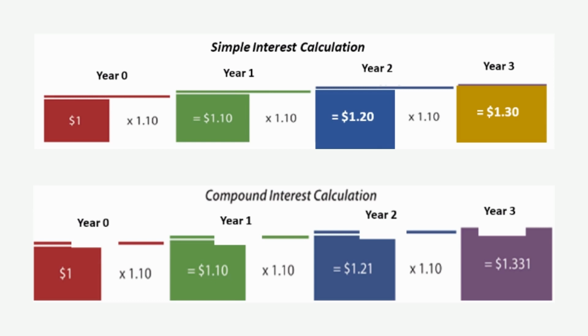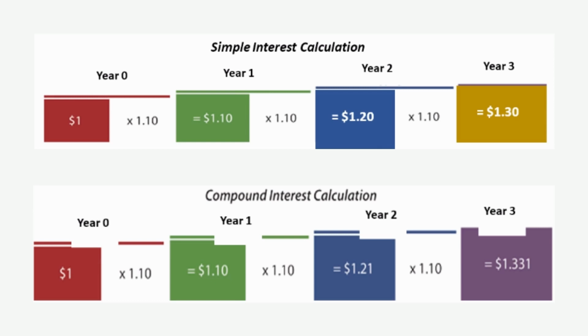On the third year, because you are investing the same $1, based on simple interest calculation, you'll earn another 10 cents. So the 10 cents is added to the 1.20 for you to arrive at 1.30.